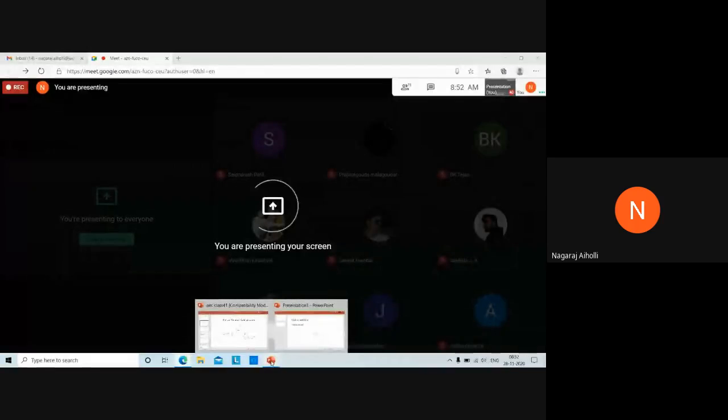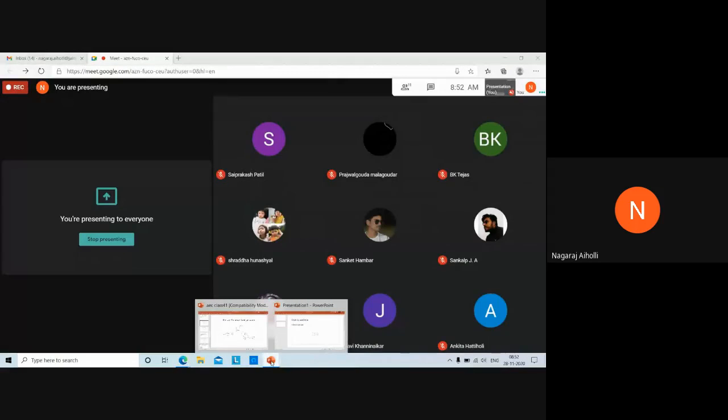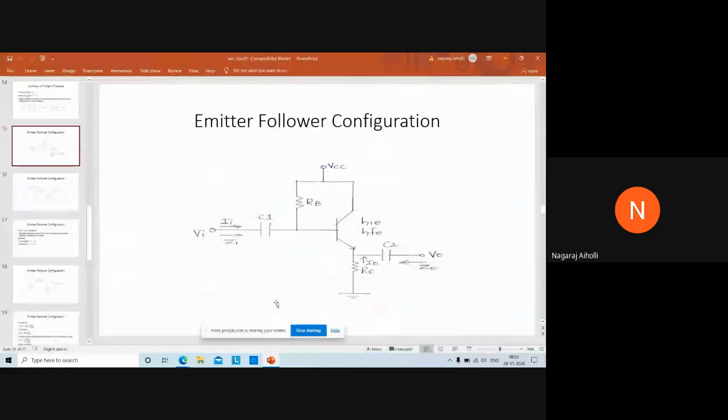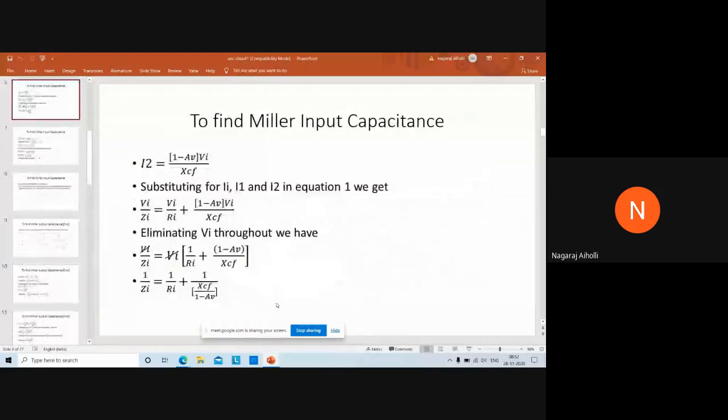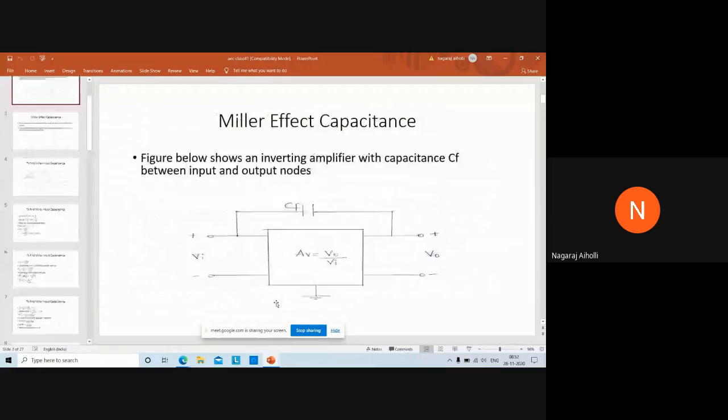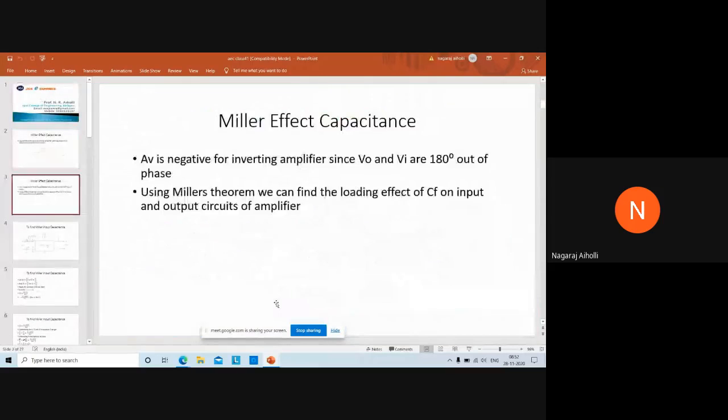In the last class, I discussed the Miller's theorem. It is the Miller effect capacitance.